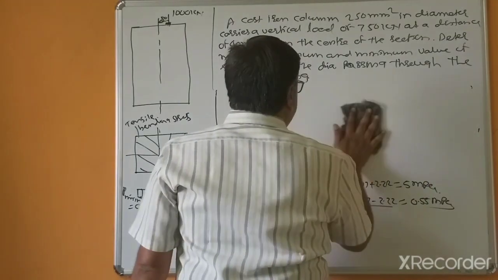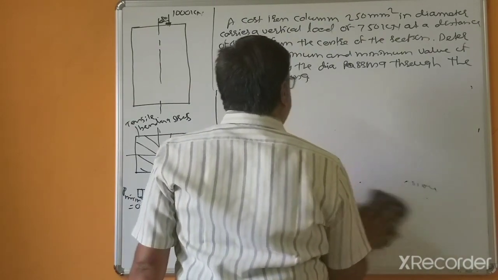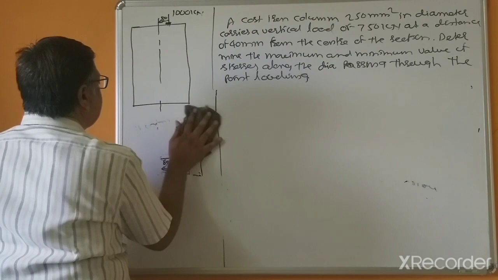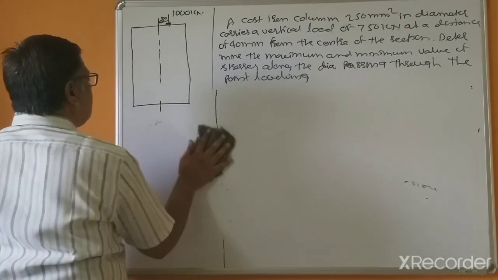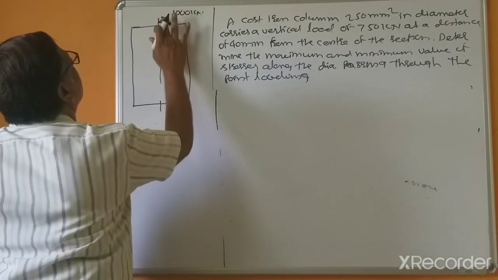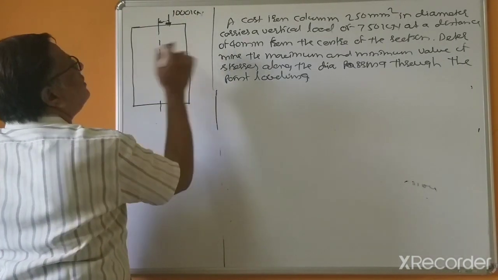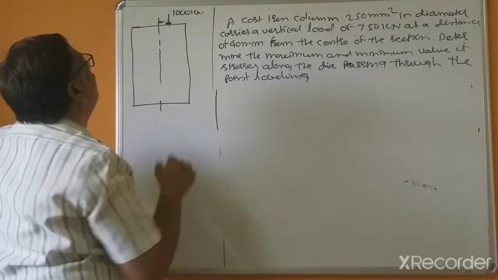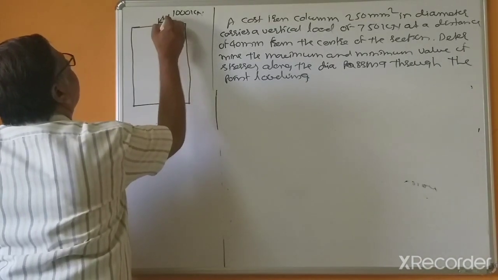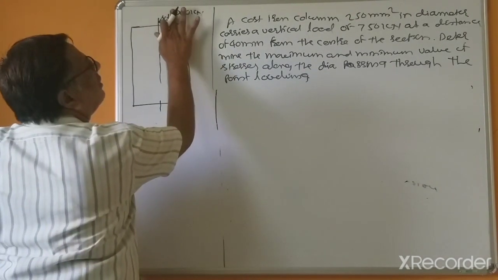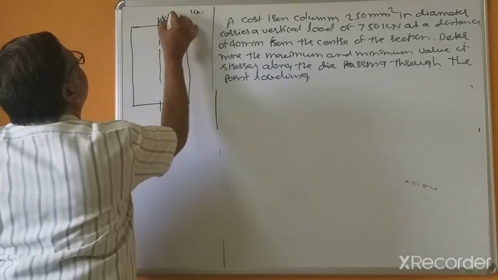In the last problem, the section is rectangular. In this problem, section is circular, but this is solid circular section. And this load, this eccentricity 40 mm and load 750 kilonewton.